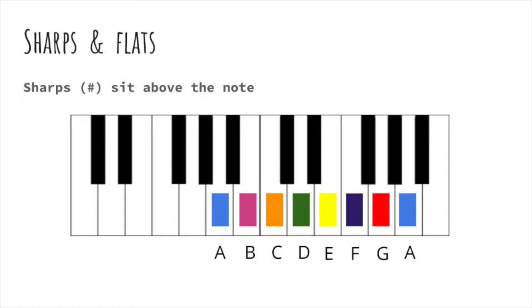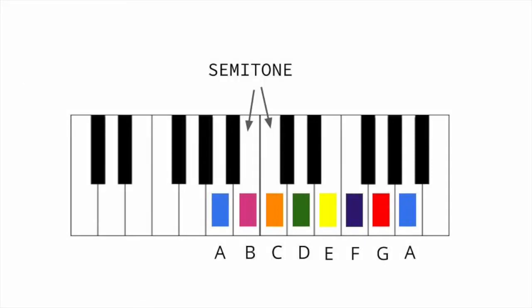And this is where we revisit our idea of tones and semitones, because in order to understand a sharp and flat relationship, we need to be familiar with what a semitone sounds like, or what a semitone relationship is. So in our last session, in Week 1, we understood the idea that B to C, those two white notes you can see, and E to F, another pair of neighbouring white notes, are semitones.